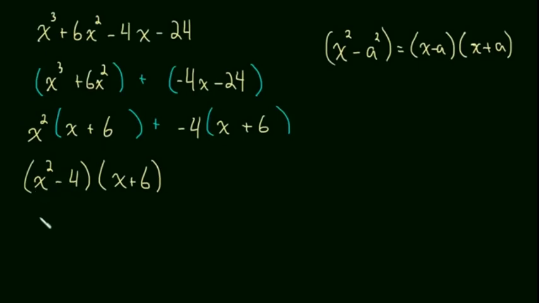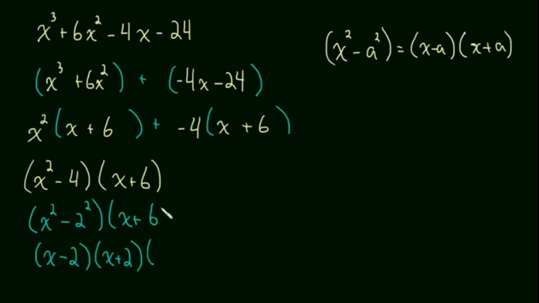Isn't this x squared minus 4 is the same as x squared minus 2 squared, times x plus 6. So now we can use the difference of squares to factor this completely into x minus 2 times x plus 2, times, oops, sorry, I missed a parenthesis up there, times x plus 6. And now we're done. This is as simple as we can get this problem.